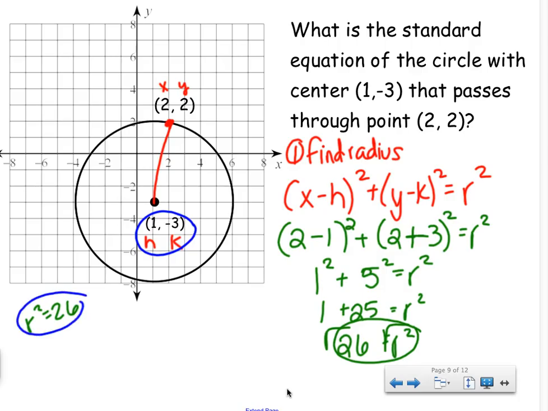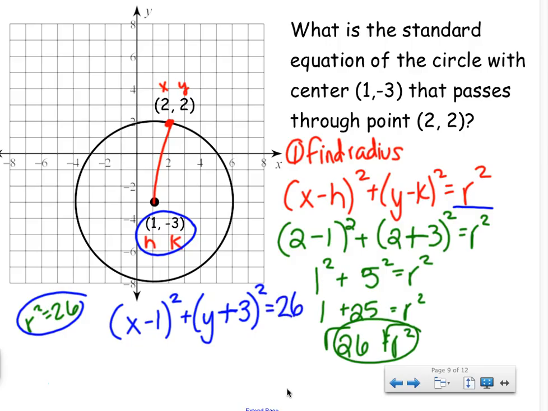The reason that works out is see how r squared is in the equation. So I would have x minus 1 squared plus y minus a negative 3 squared, go ahead and make that a plus, equals 26. So that's going to be the standard form of that circle.